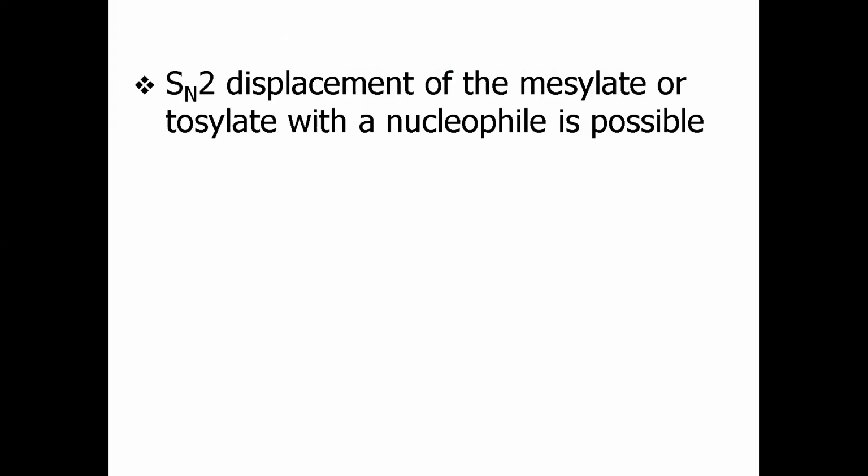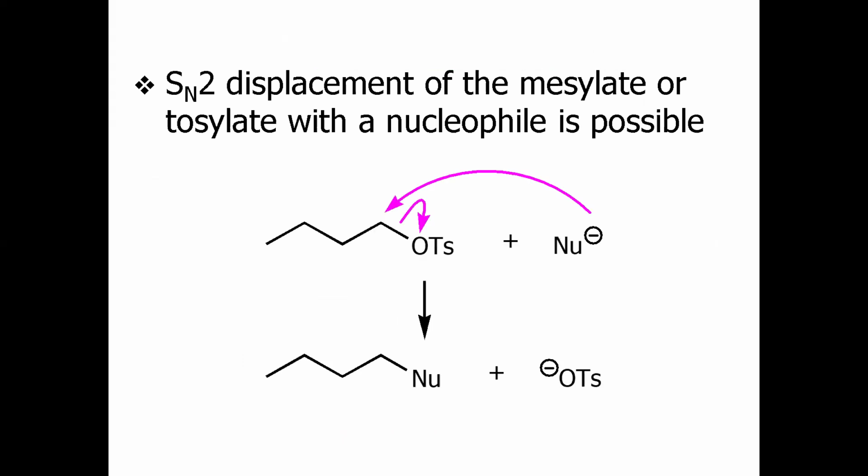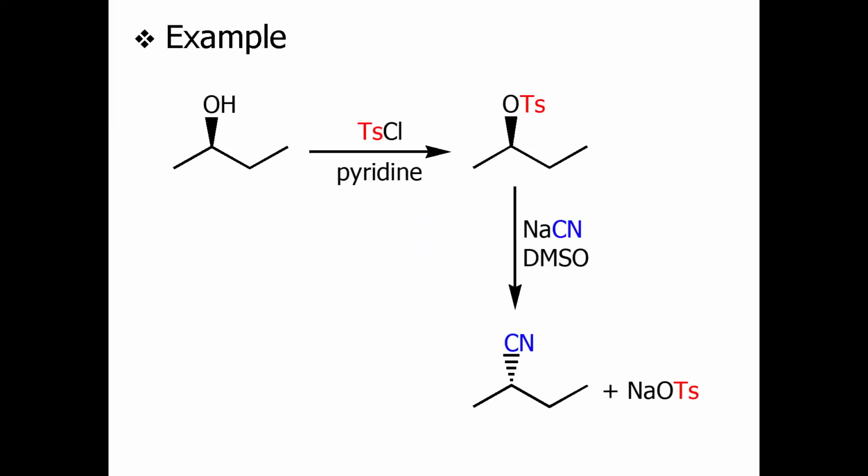SN2 displacement of the mesylate or the tosylate by a nucleophile is possible, and even a poor nucleophile can displace this OTs or OMs, whatever we have. Here is a specific example, where we have the alcohol, which is chiral. When tosyl chloride reacts, of course, the same configuration is retained.